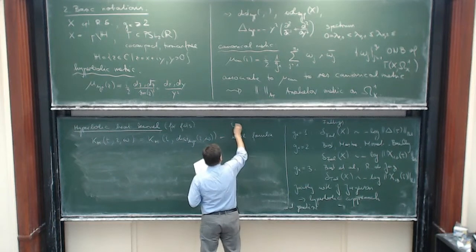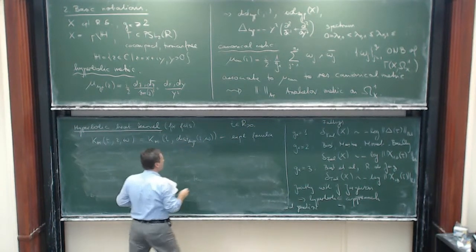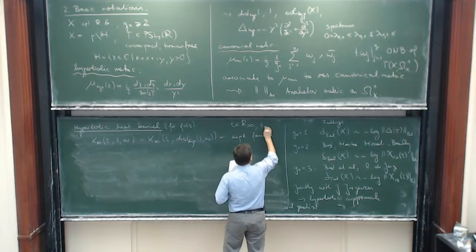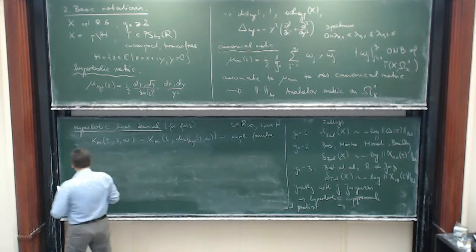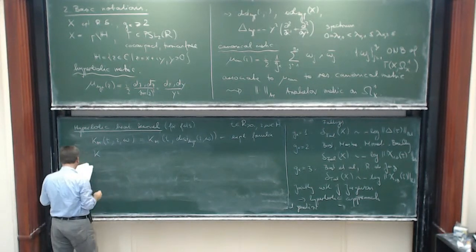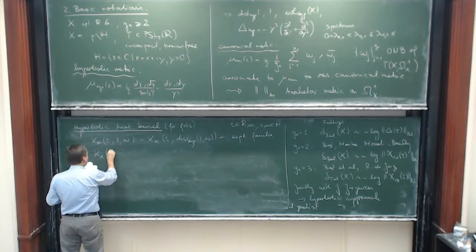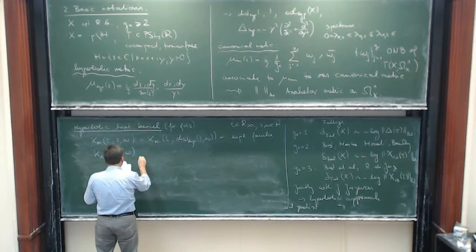And T is here a positive real number. And the Z and W, of course, are in the upper half plane. And by averaging over the group Gamma in question, the covering group, you get the hyperbolic heat kernel for the Riemann surface in question.